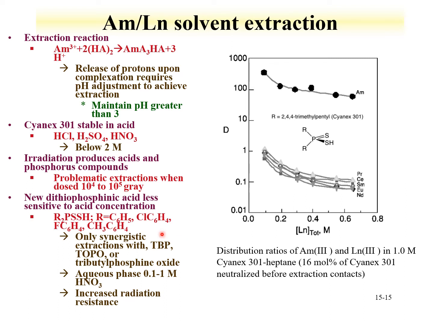However, most of these ligands operate with synergistic extractions, so you tend to have more than one ligand in the solvent system. So, for example, these diphosphonic acids will work with tributyl phosphate, trioctyl phosphine oxide, or tributyl phosphine oxide. The aqueous phases are between 0.1 and 1 molar. So the acidity isn't as high as some of the extractants that we saw on the previous page, but they're in a regime which is relatively easy to control.